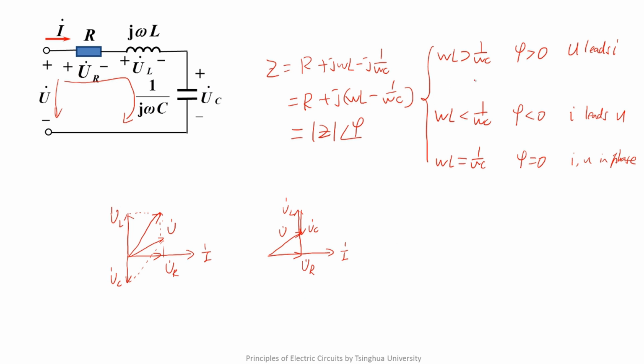We've drawn the condition when omega L is larger than omega C. When omega L is less than omega C, the phasor graph is like this. When omega L equals omega C, the phasor graph is like this.